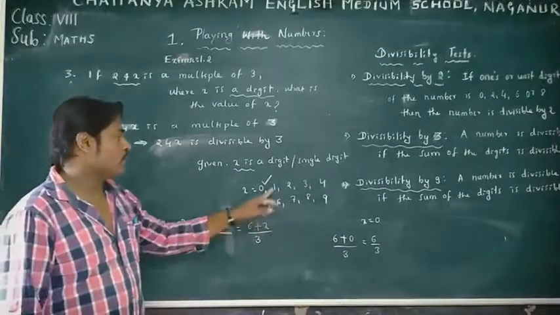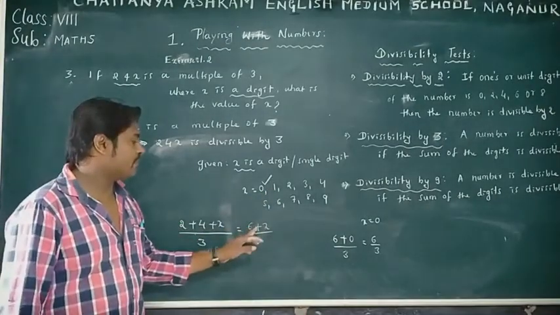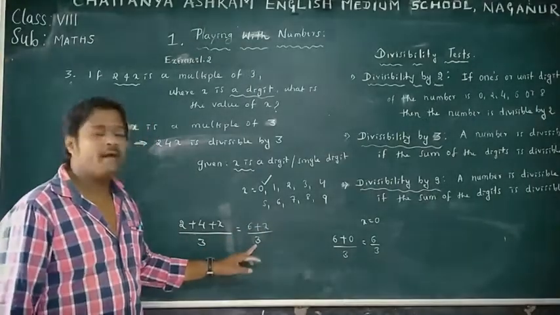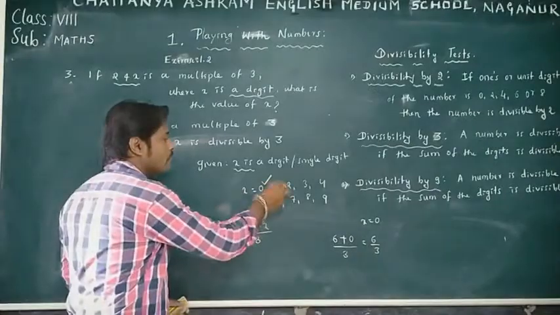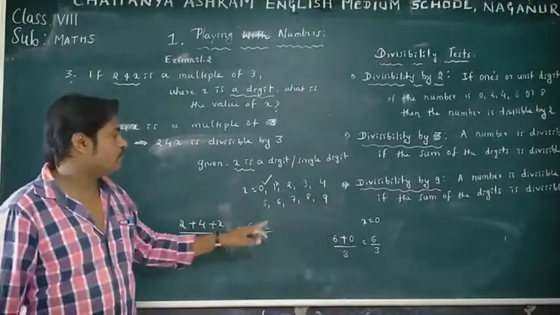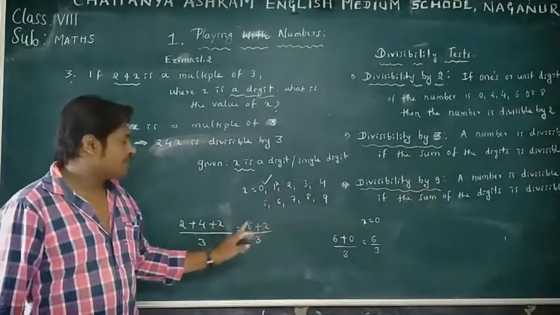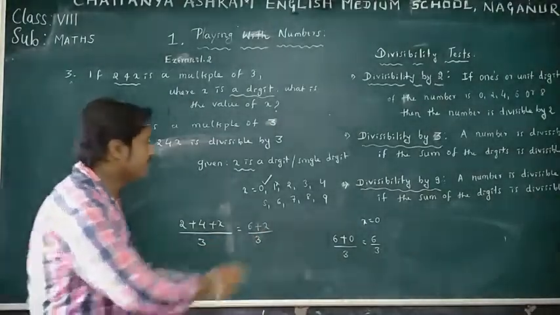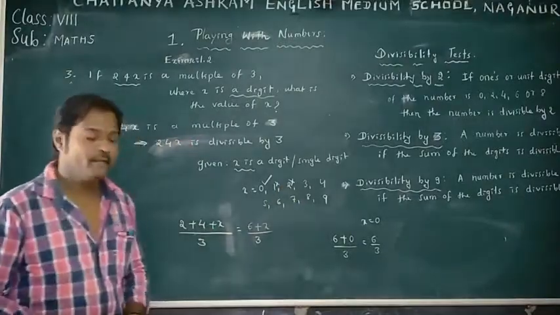Take x is equal to 1. 6 plus 1, what is the sum? 7. 7 is not divisible by 3. This is not possible. Take x is equal to 2. 6 plus 2, 8. 8 is not divisible by 3. This is not possible.